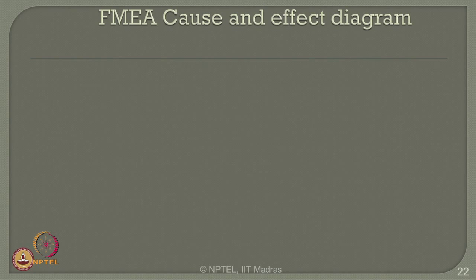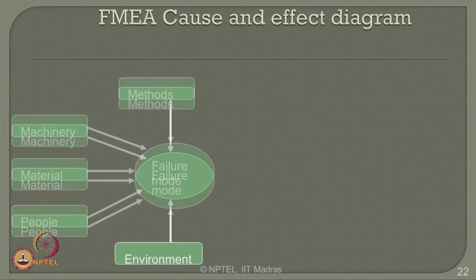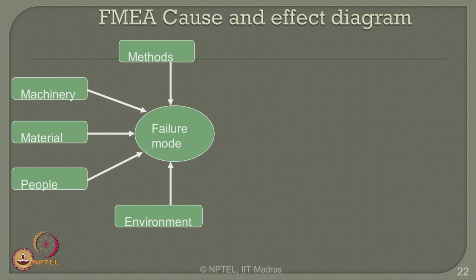What do we understand by cause and effect diagram? FMEA cause and effect diagram indicates the failure modes, which comprise of the methods, the machinery, the material, the people, the environment, all put together can result in the failure modes.